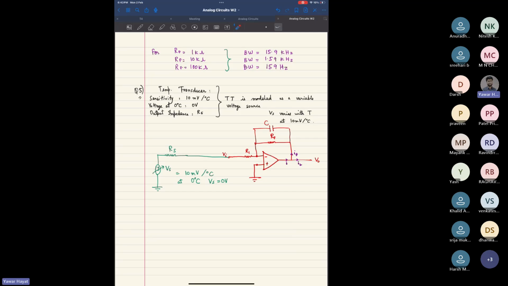Feel free to type that in chat. I was not able to hear that. Now you need to find the value of the RS for which your DC gain of the circuit is maximized. What is your DC gain of the circuit? DC gain of the circuit would be VO by VS, the ratio of these two. Anyone?